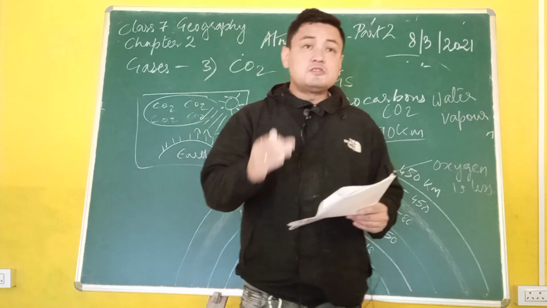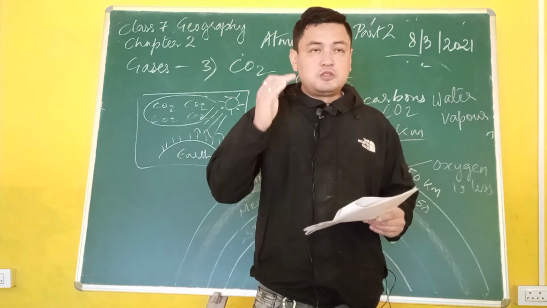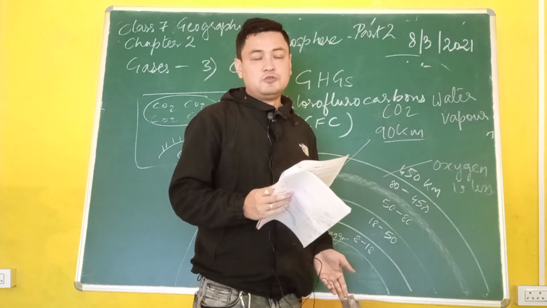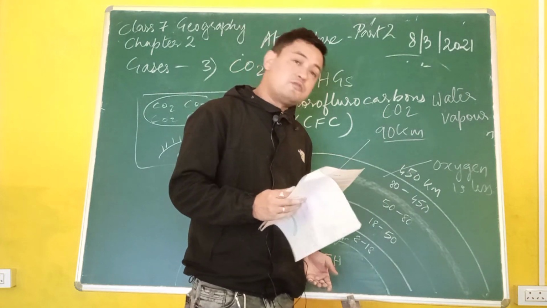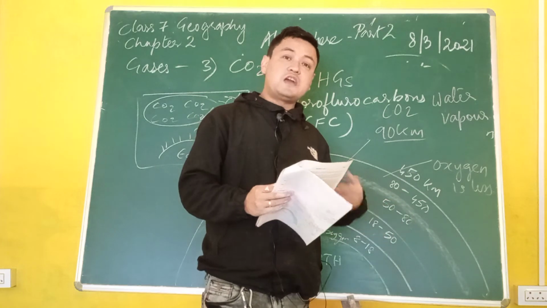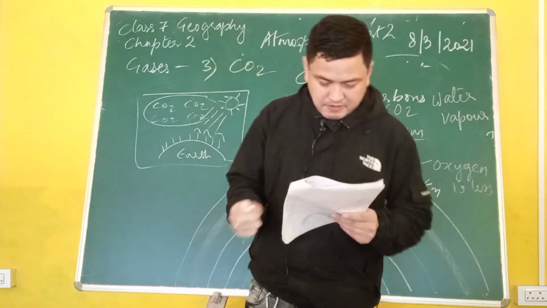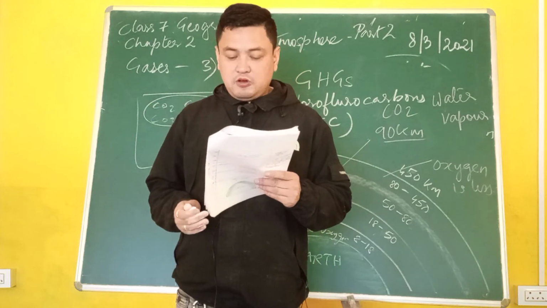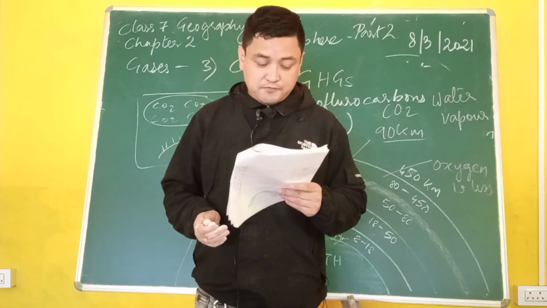Because of these gases the temperature of the earth is rising, due to carbon dioxide in the atmosphere, which absorbs the terrestrial heat. Remember that. So this has increased the temperature of the atmosphere.